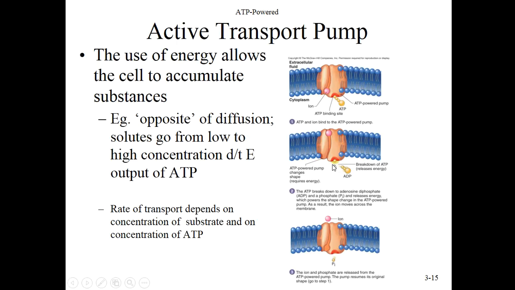And when we break that chemical bond, we no longer have 1, 2, 3 phosphates, adenosine triphosphate, but we have only 2, adenosine diphosphate. And the breakdown of that releases energy, causing this to work like a little pump, like a little squirt gun. It pushes the ion out. And in this way, we're using energy to move something in a pumping motion. What a great name, active transport pump.